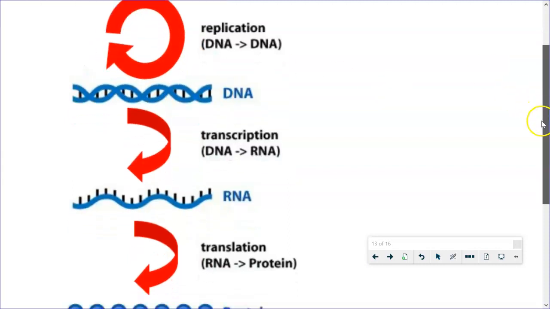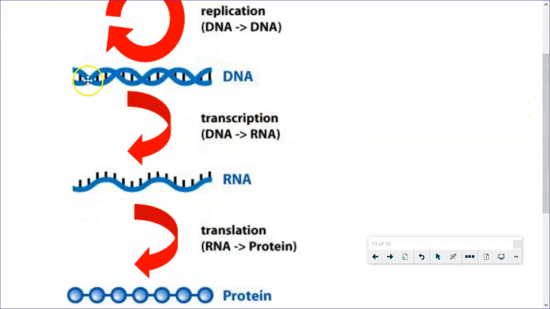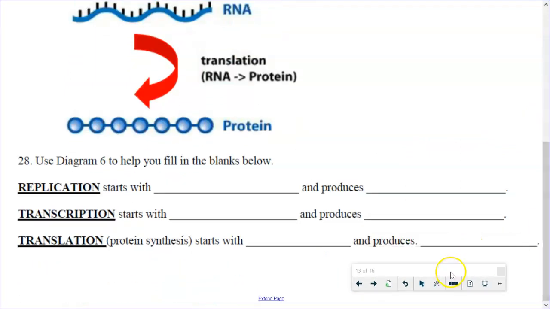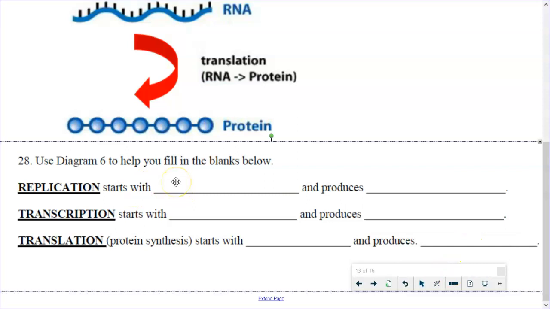Okay. Transcription is a little different because you take the DNA and you make an RNA with it. And that RNA is used just one time. And then during translation, that RNA gets changed into a protein. And again, the RNA only is used one time and then it's destroyed. Okay. So at the bottom here, it says replication.